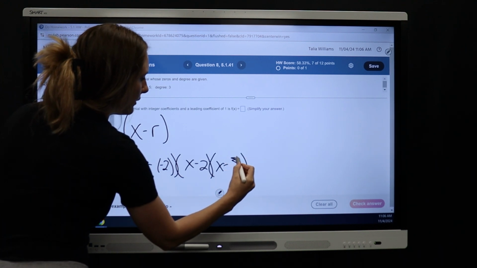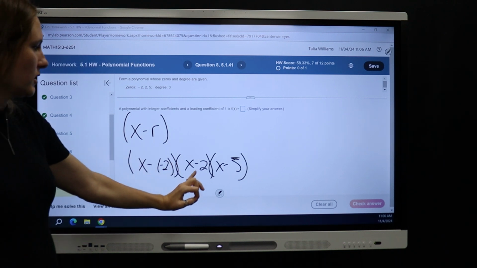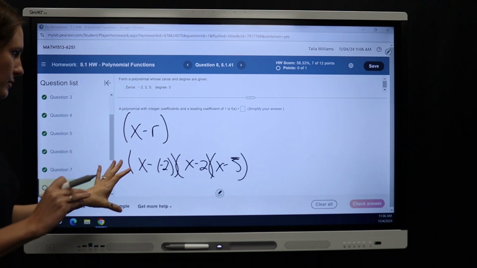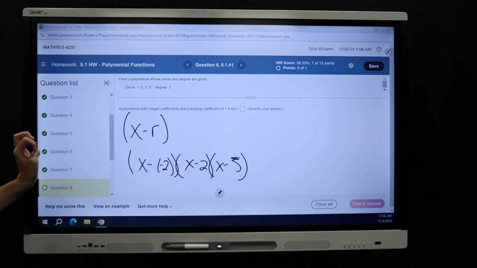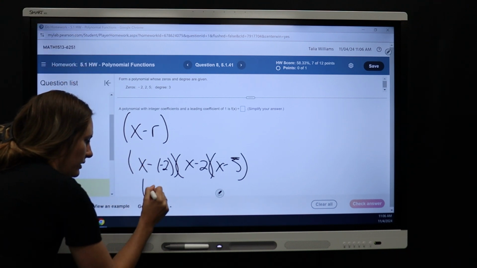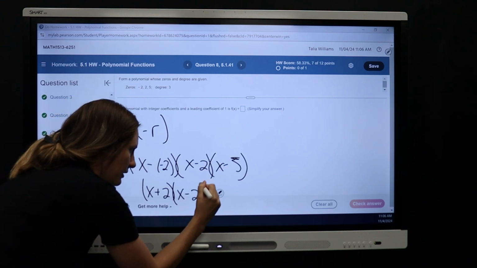Now the degree is how we check these. So since our degree is 3, I have 1, 2, 3 x's. So if I multiplied it all the way out, I'd end up with x cubed. So this is good. Are they going to want us to multiply this out? Here we'd have to simplify this one. We'll try it without multiplying it out.